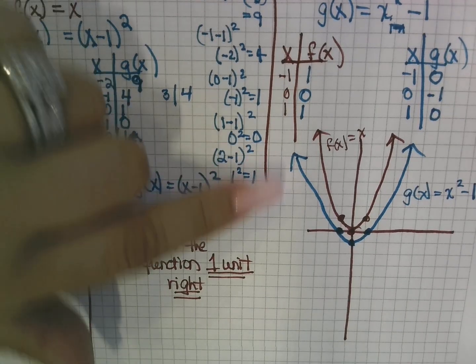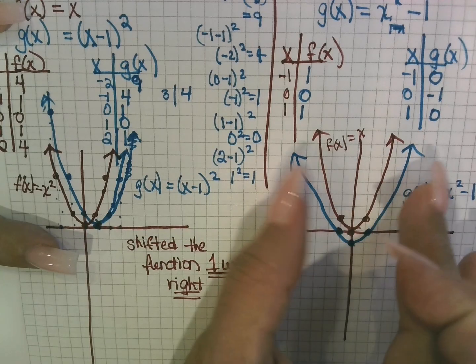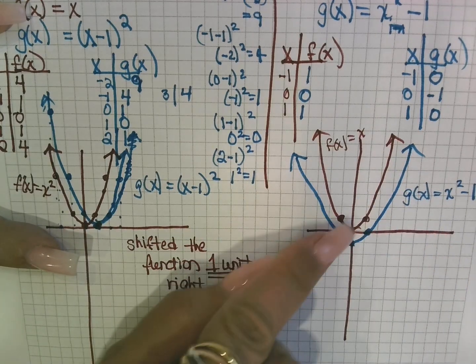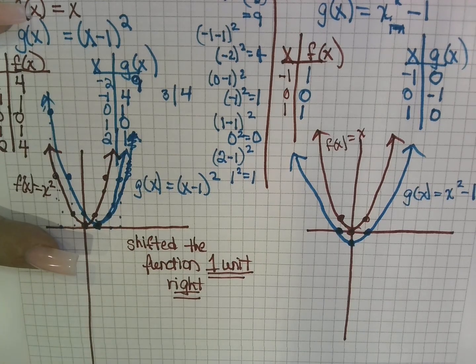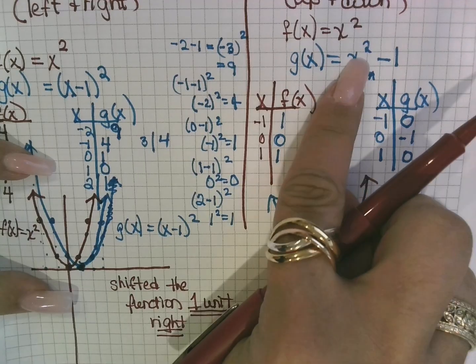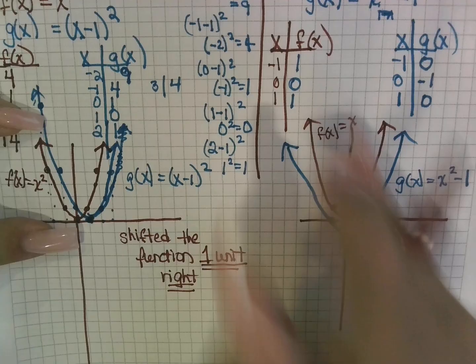And we can see what happened. Don't pay attention to how wide this is. This is just error on my behalf. Just look at the points. If you take a look at the points, each point was shifted down 1. Okay? And that's what I want you to get from here. So when we have a minus sign outside the function, you're going to be shifting down that number of units.